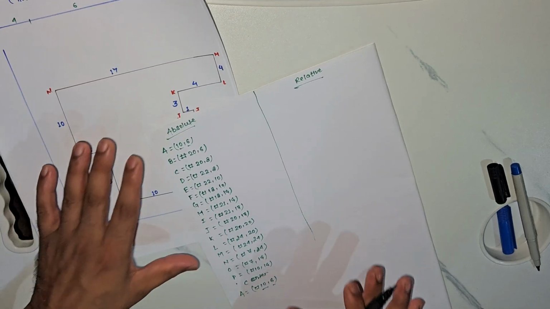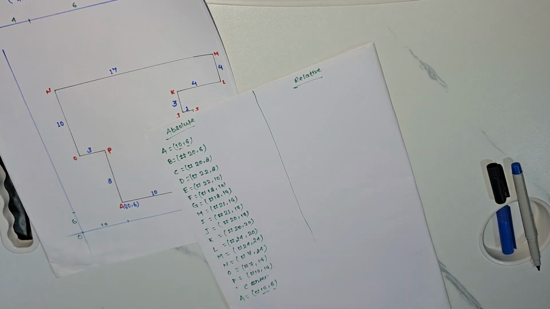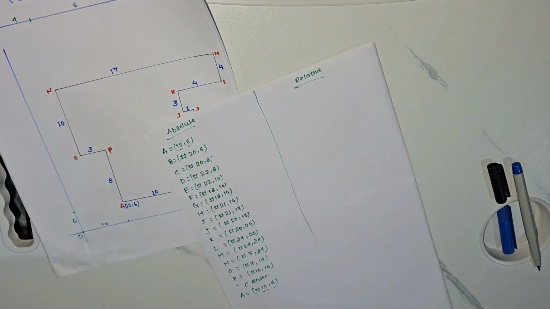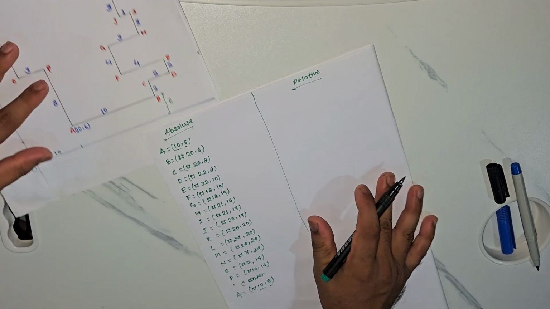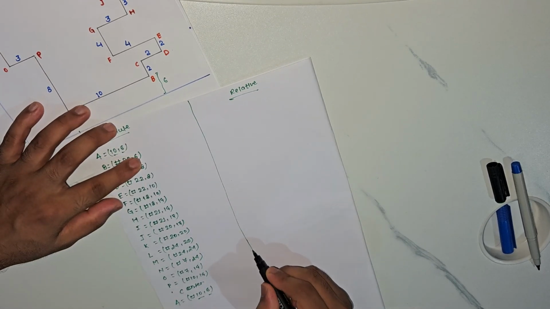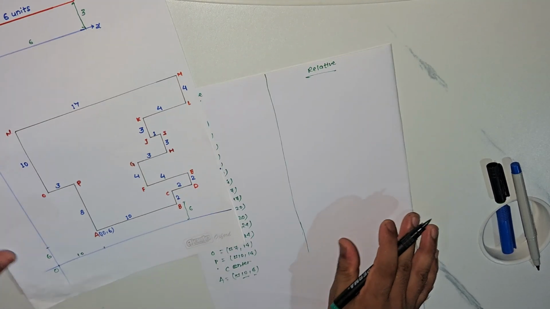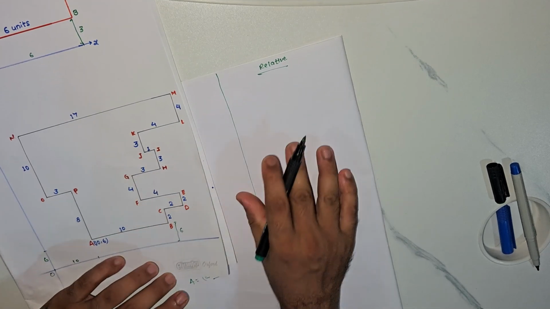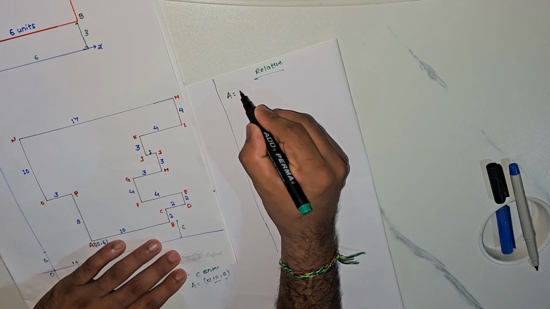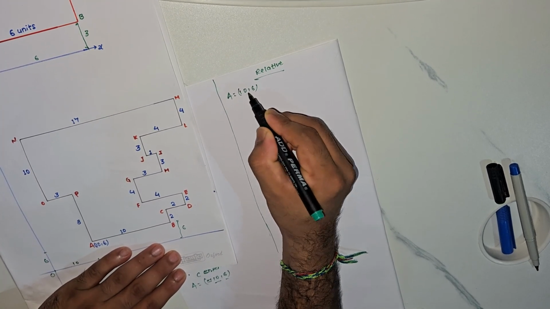So we have written the absolute coordinates for the given figure, and now we are about to write the relative coordinates for the given figure. And for the relative coordinate, the coordinates will be measured from the last defined point. So let us see one by one. For A, the coordinates will be same, that is 10 comma 6.